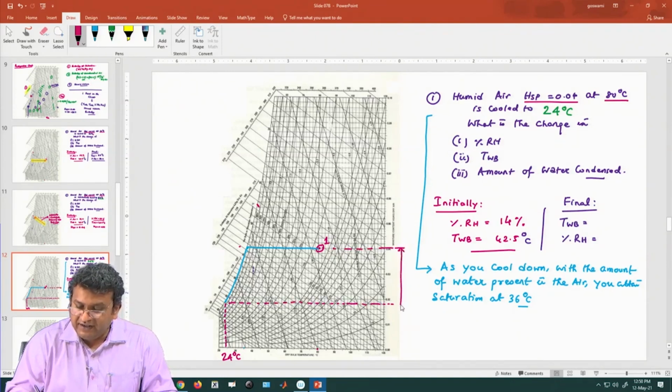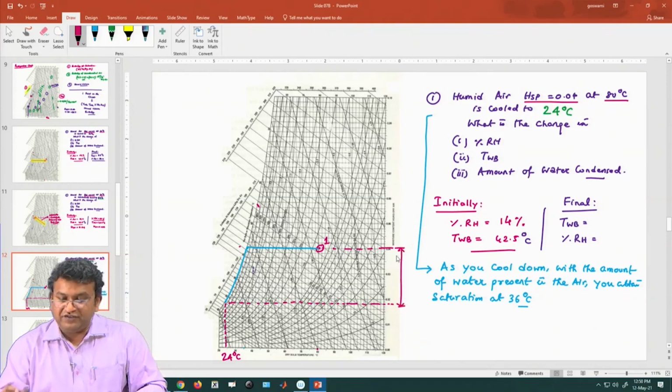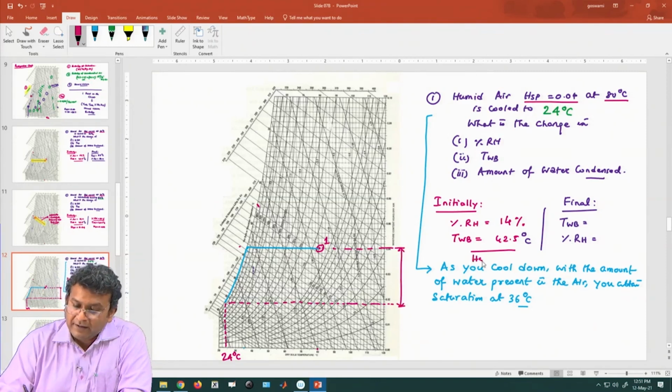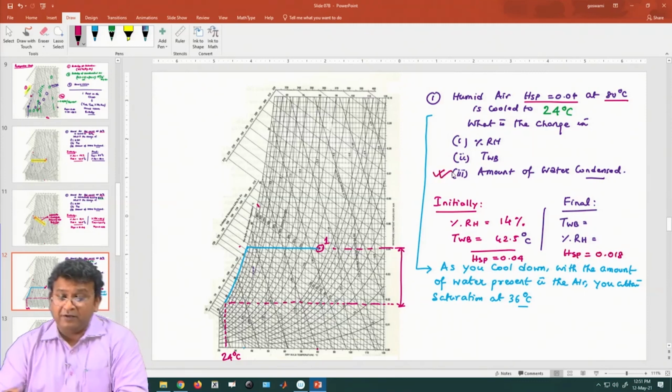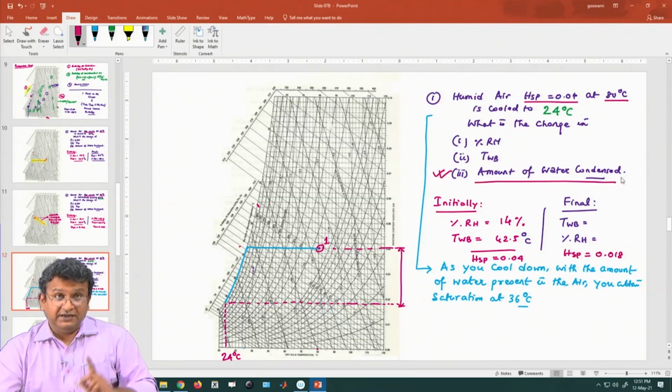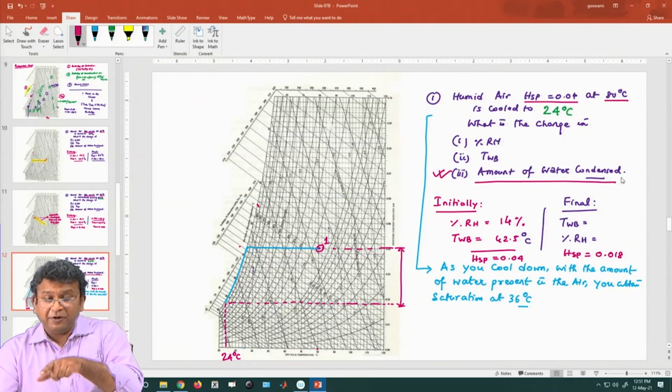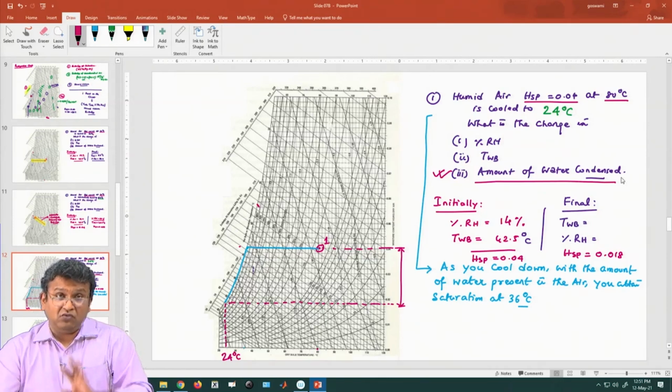Initially the specific humidity was 0.04, and now it drops to 0.018. So, for this problem the third part is very relevant. You can say 0.022 kg per kg of bone dry air of water has condensed out.